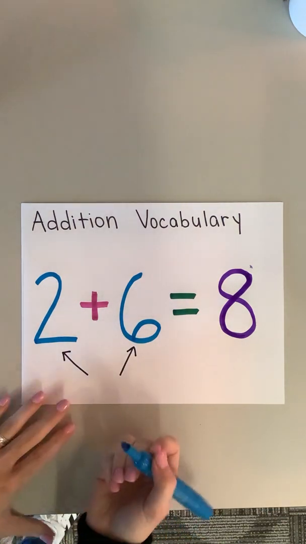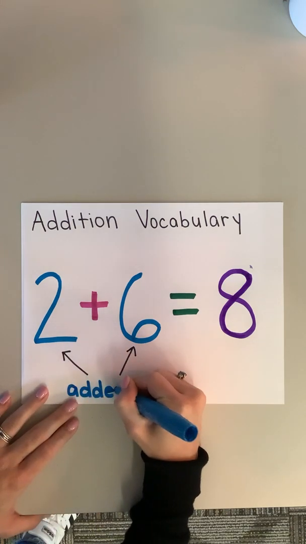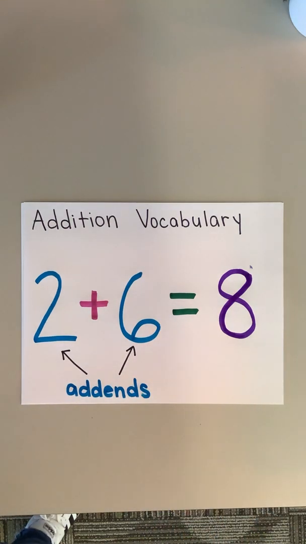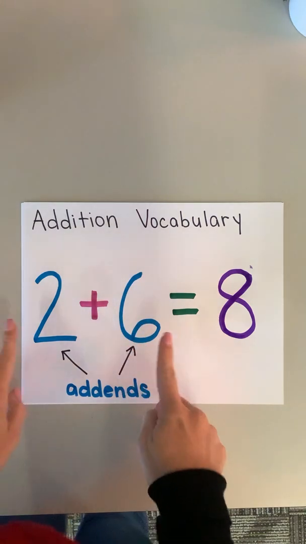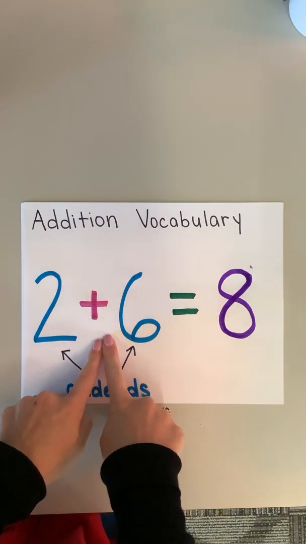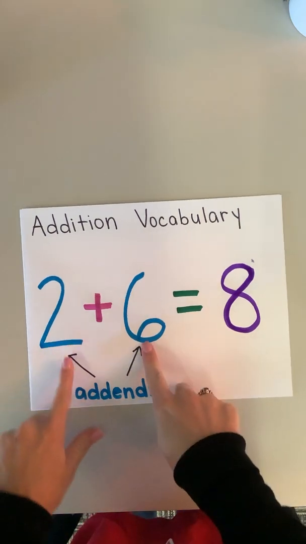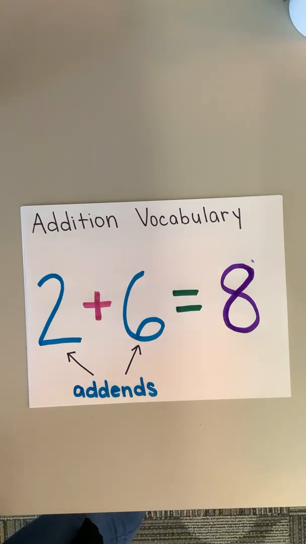These 2 numbers are called addends. You might remember that word from Unit 1. Addends are the 2 numbers that we are adding together in the problem. So here, the 2 and the 6 are our addends. Can you say that word? Addends.